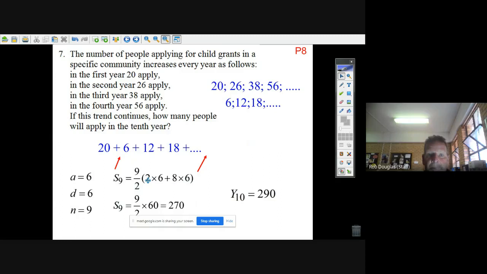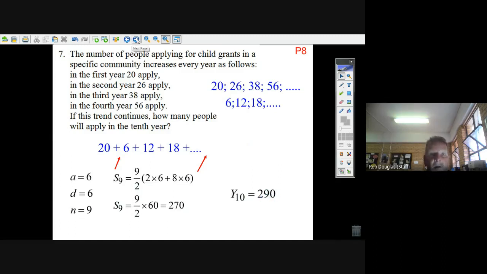I think we got it, because that's 12, that's 48, added together makes 60. 60 divided by 2 is 30, times 9 is 270. Well, if we take this 270 and we add this 20, we're going to get how many people apply in the 10th year. So I'm calling it year 10 is 290. Well, that's question 7 done.